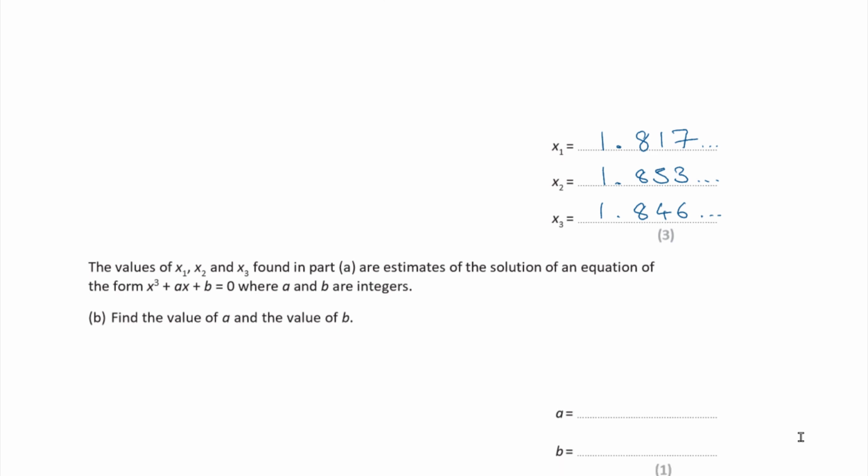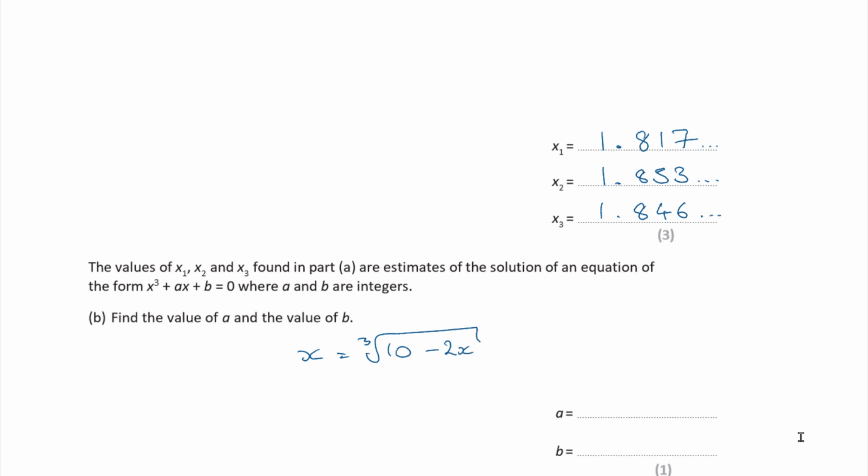Now remember, we were given the expression x n plus 1 equals the cube root of 10 minus 2xn. Right, now if I want to actually form this into an equation, all I need to do really is replace xn plus 1 with just x and replace xn with just x and then rearrange.